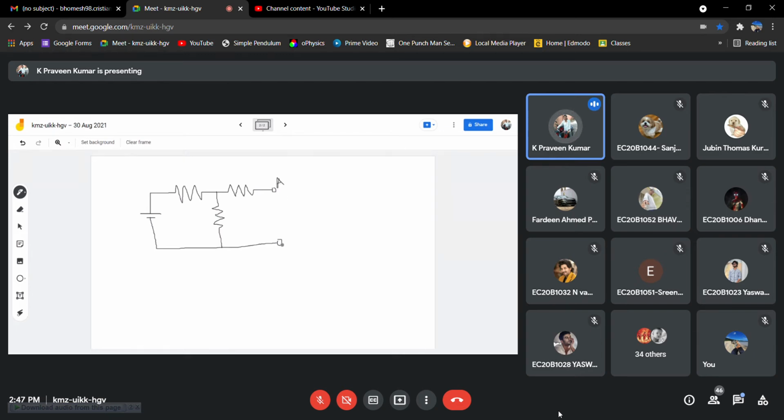Let us consider a simple T network. The single voltage source V and three resistances R1, R2, and R3. Okay. So what does this theorem state? What is the statement?